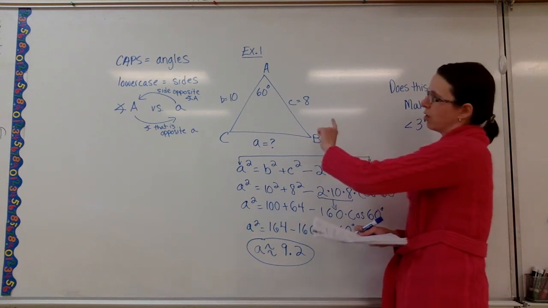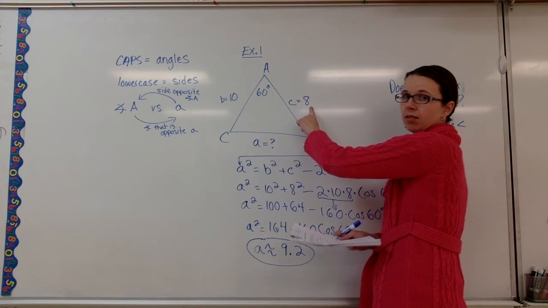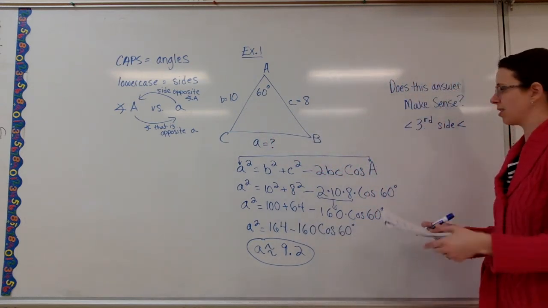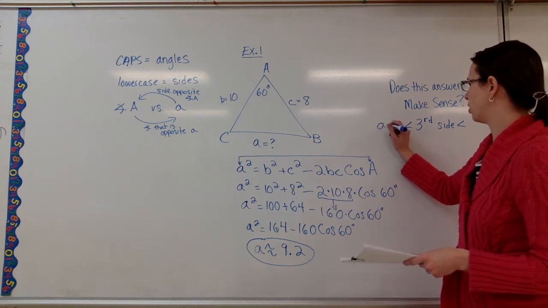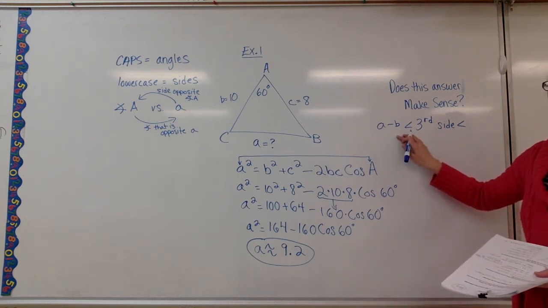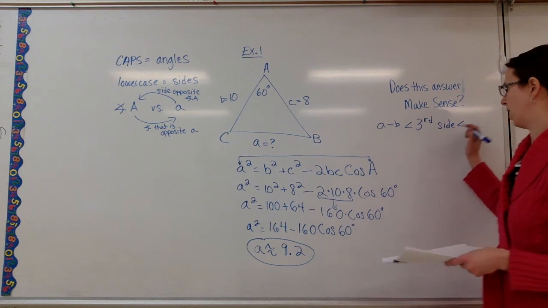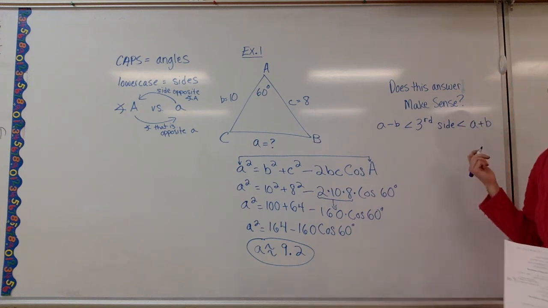And those two numbers are found by taking either the difference to find the lower bound or the sum of the other two sides. So remember, the third side is always greater than the first two sides subtracted, and you want to make sure that's a positive value, that you subtracted the right way to get a positive number there, and less than the other two sides added together, okay?